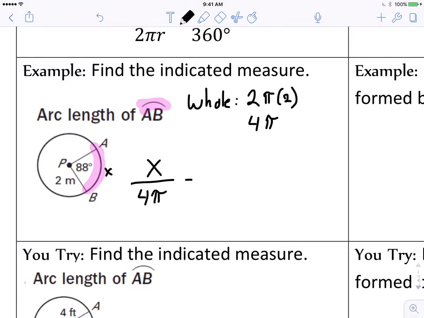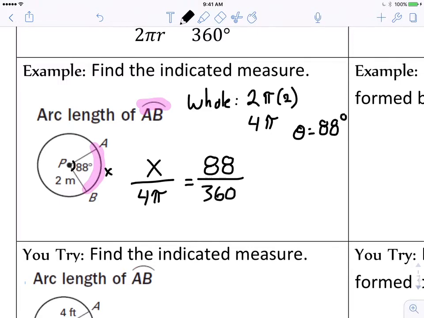Then when we write our proportion, what's our part? Well, we've got the angle measure, theta. Theta is equal to 88 degrees. So that's the measure of this angle in here. We know that 88 degrees is the part over the whole thing, all the way around the circle, 360 degrees.